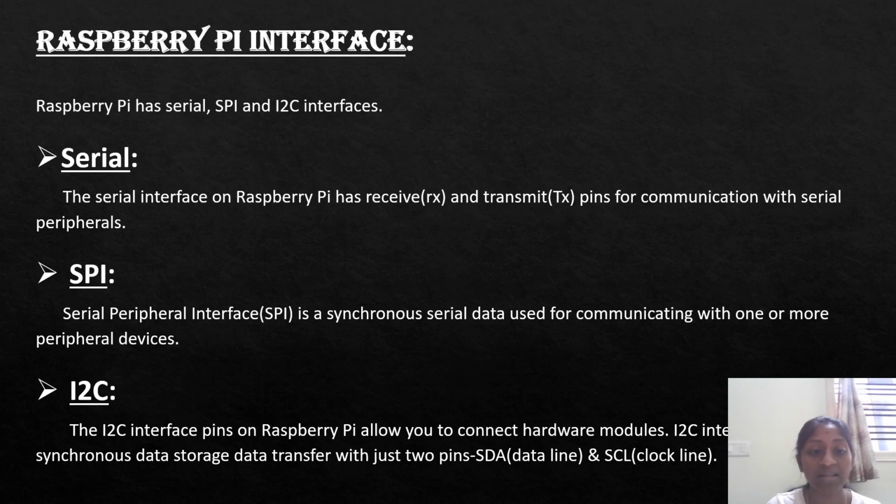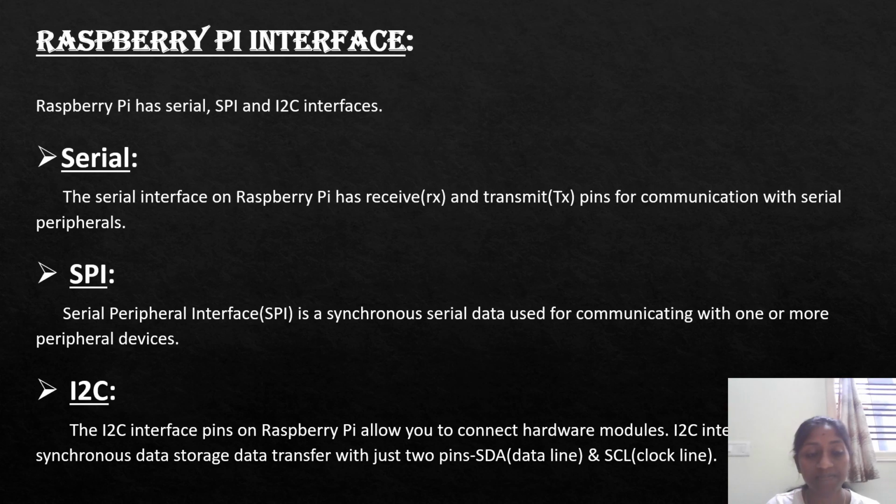Serial Peripheral Interface is a synchronous serial data protocol used for communicating with one or more peripheral devices. I2C. The I2C interface pins on Raspberry Pi allow you to connect hardware modules. The I2C interface is a synchronous data transfer with just two pins, SDA, that is the data line, and SCL, that is the clock line.